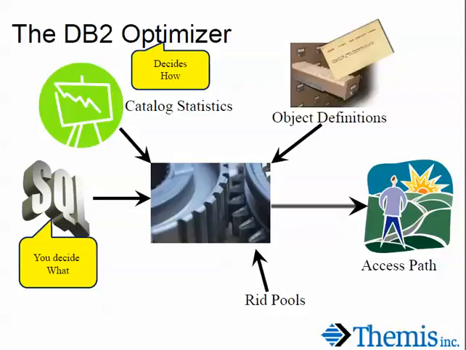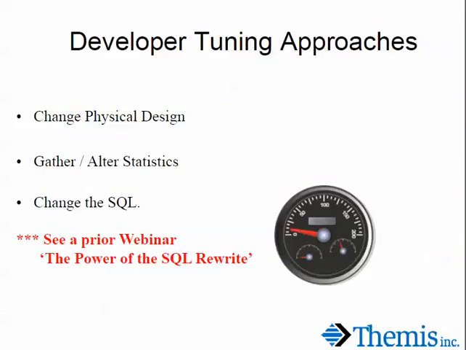So as a developer, we have a number of things we can start looking into. Sometimes we need some help with a DBA. Sometimes we're empowered to do a lot of things ourselves to get things to run better. Changing the physical design. Now, obviously, this we tend to have to get a DBA involved, but are there any indexes I can add or any indexes I can change?